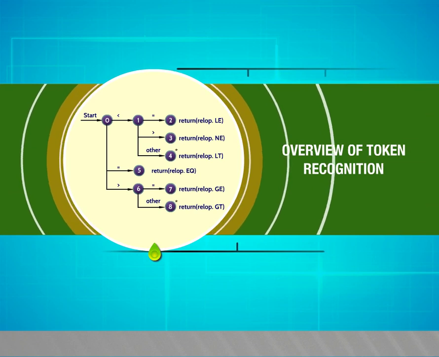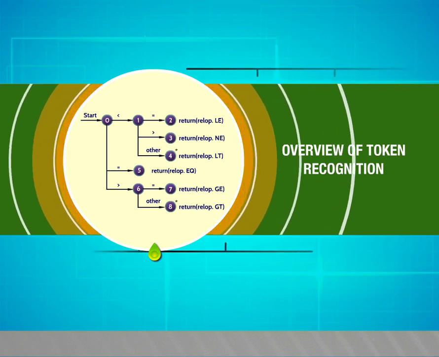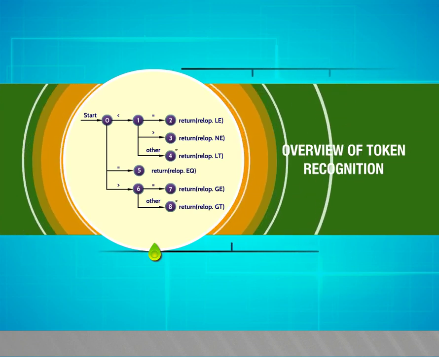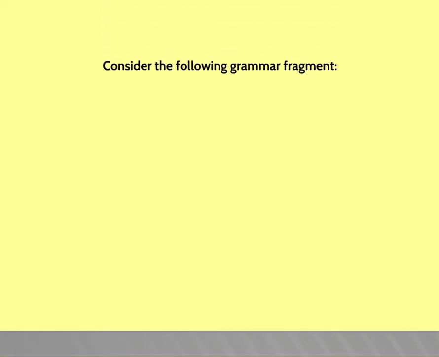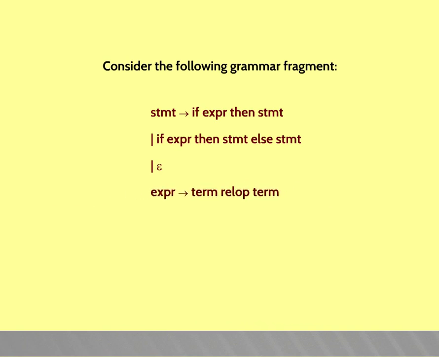Overview of token recognition. In this video, we are going to see about overview of token recognition. Consider the following grammar fragment. Statement goes to if expression then statement, or if expression then statement else statement, or epsilon.